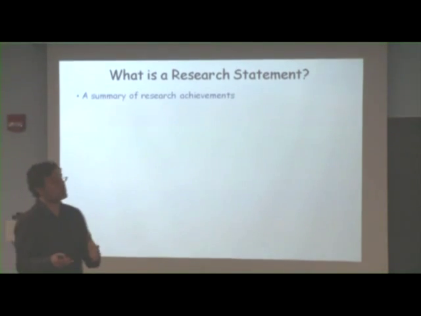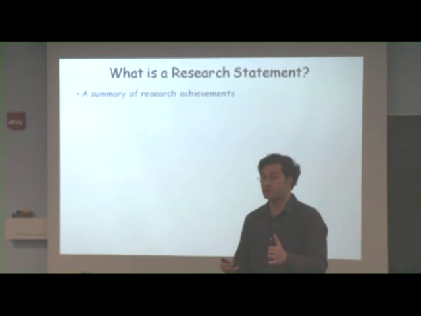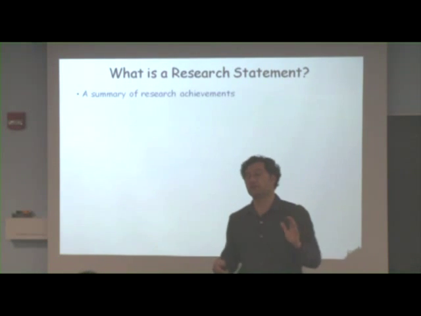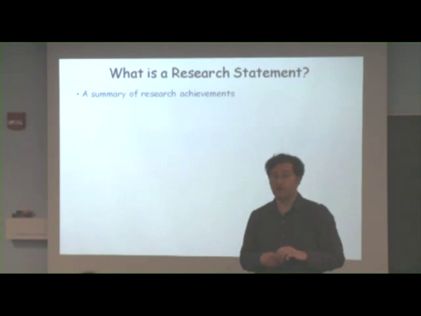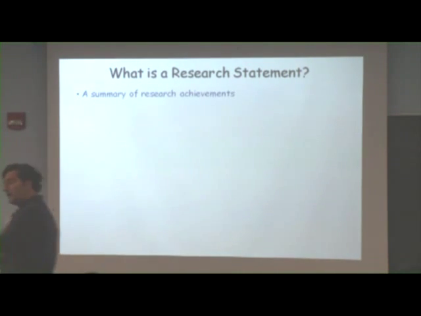Similarly, if you are a postdoc applying for an academic position or even an industry position, your research statement would look different than your graduate student research statement, than a faculty's research statement, okay? So it all depends on the type of position you're applying and at what stage of your career you are at.